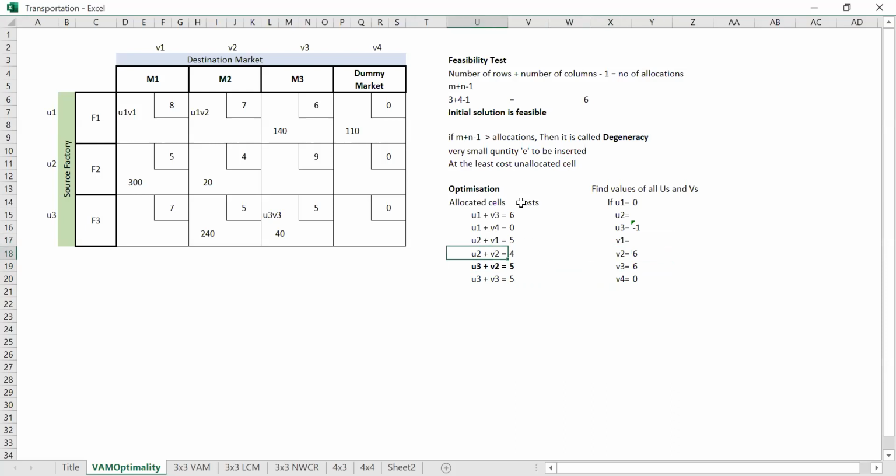Now, since we know V2, we can find out U2. So since V2 is equal to 6 and U2 and V2 is equal to 4, which means U2 must be minus 2.